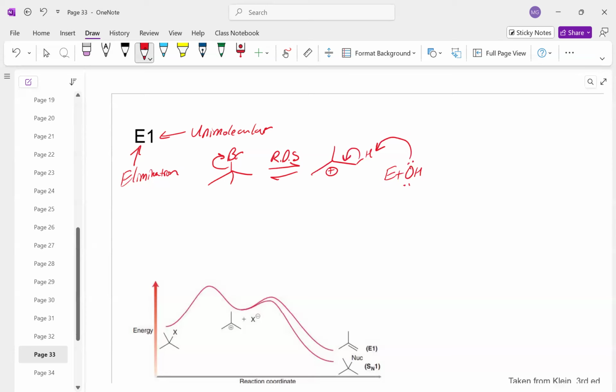So a beta hydrogen is pulled off, and then the electrons from this carbon-hydrogen bond move down to form a pi bond. So just to emphasize again, it's the same first step as SN1.